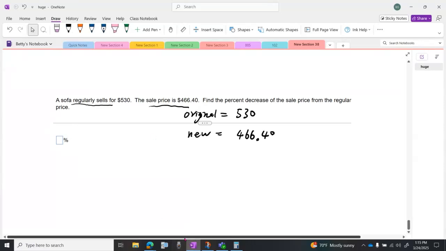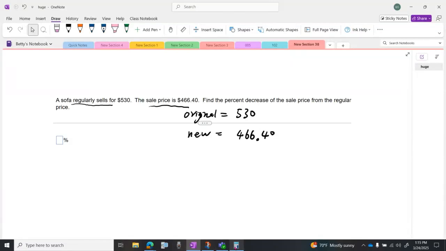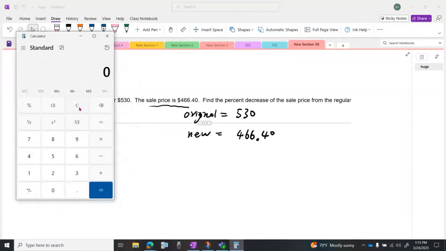And then let's see how we find the percent decrease on your calculator. You want to know from original price to the new price, how much the price has gone down, right? So you want to use 530 minus 466.4.